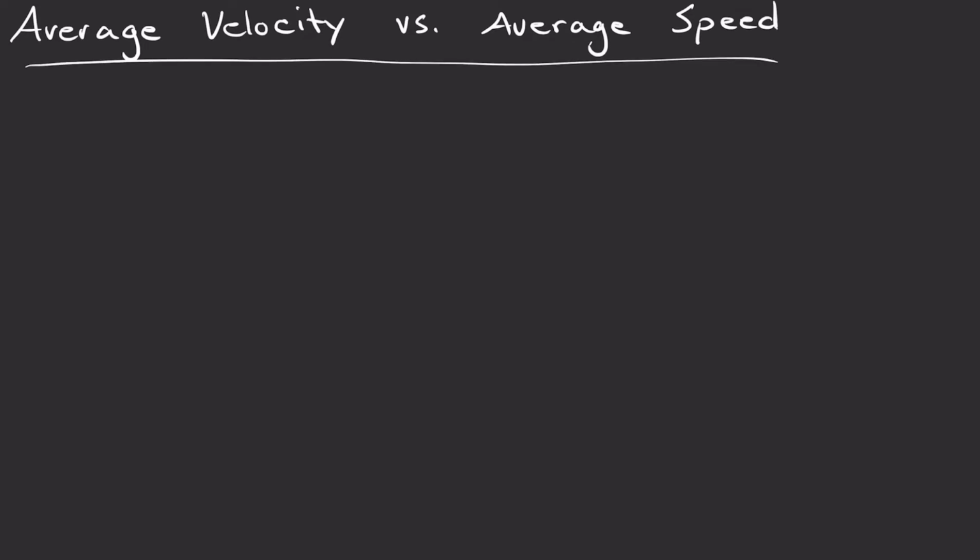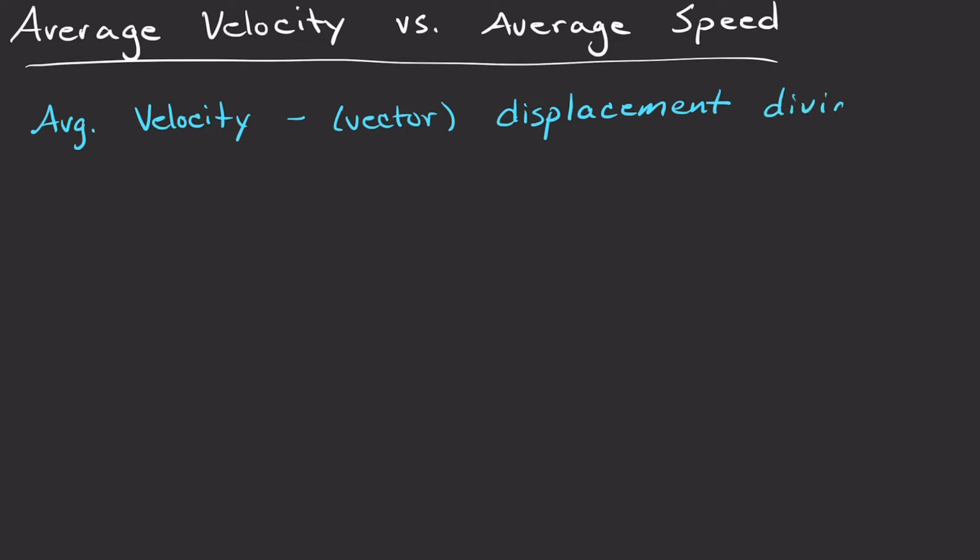Okay, so our average velocity, well, velocity is a vector quantity, and it's going to equal our displacement, which is also a vector quantity, divided by the time. So how much did our position change divided by how long we were moving. Okay, and then average speed.